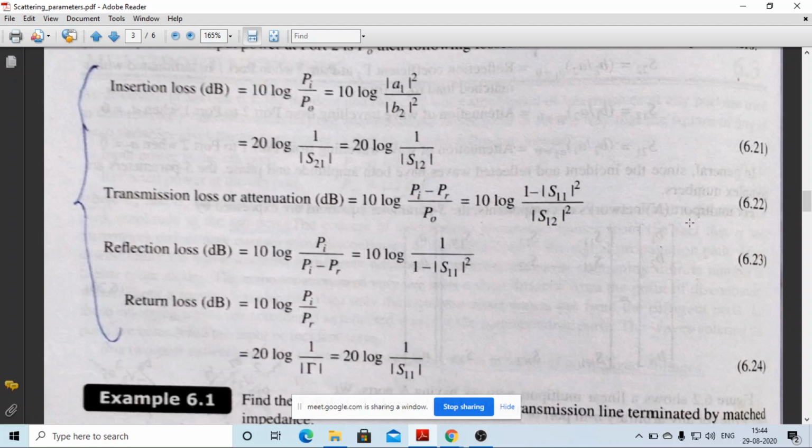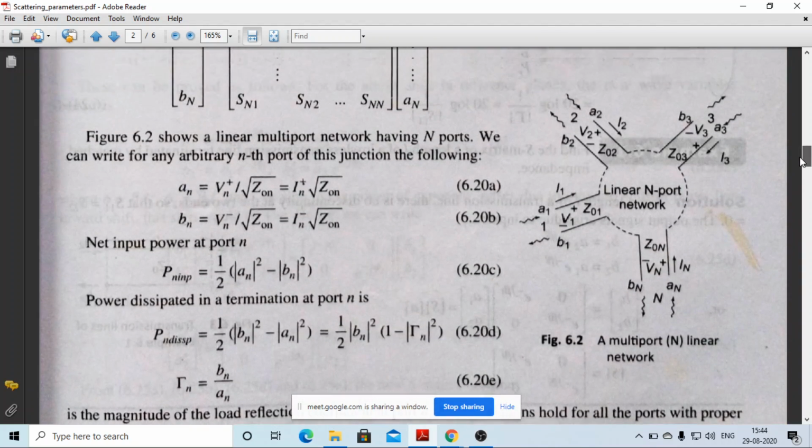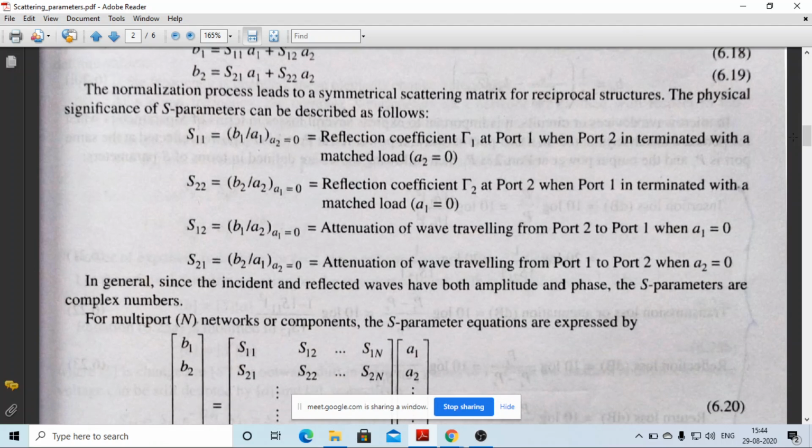So from this lecture, you need to remember these losses and the meaning of the S11, S12, S22 and S21, and the meaning of A1, A2, B1, B2. That's all. This is the summary for today's lecture. The meaning of S parameters, all 4 S parameters.